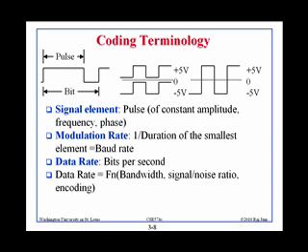Half cycle per second. Why? Because this is 1 second and this is 1 second. The whole cycle, you have to take the whole cycle. You start from 0 and then when you come back to 0, it takes 2 seconds. Each cycle is 2 seconds, right? So this is half cycle per second.